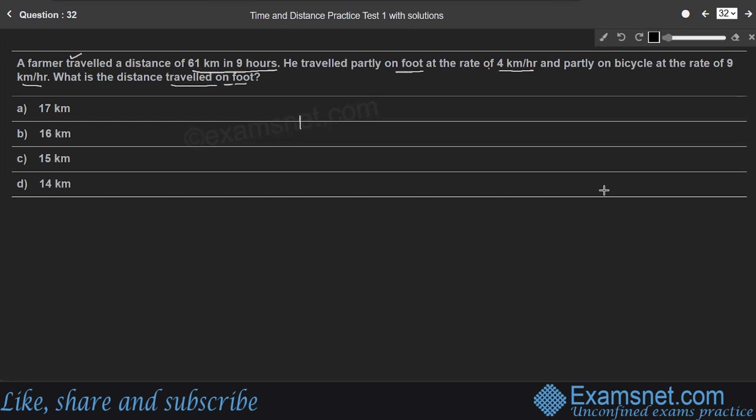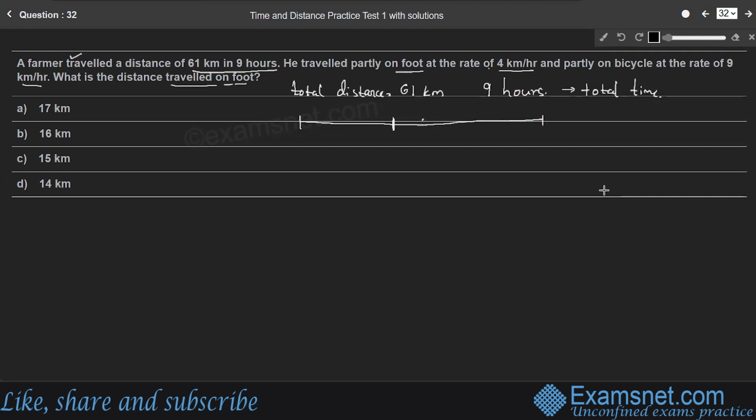Here, the total distance to be traveled is 61 km. He can travel this much distance in 9 hours. So the total time taken is 9 hours, and the total distance is 61 kilometers. In that, he traveled partly on foot at the rate of 4 kilometers per hour.